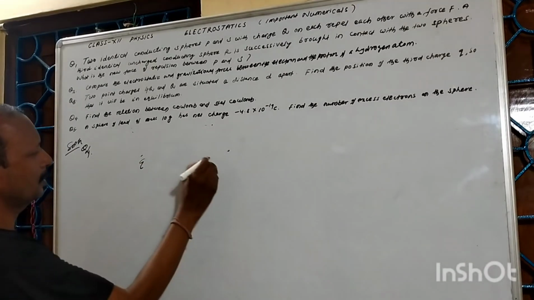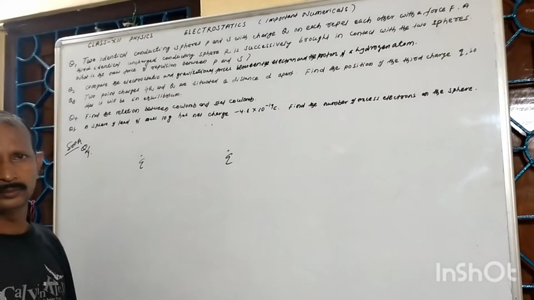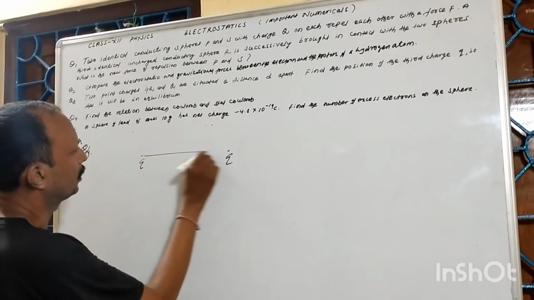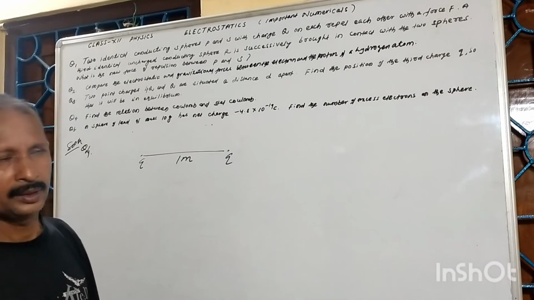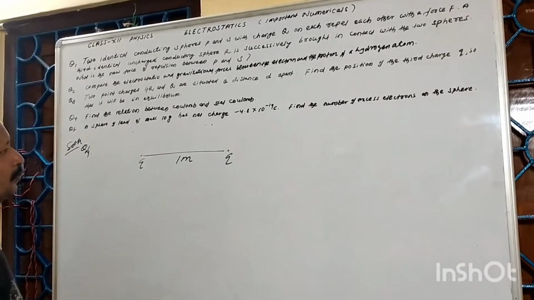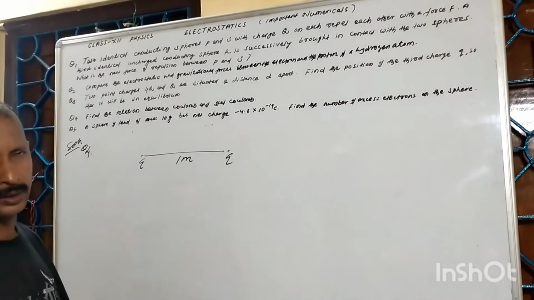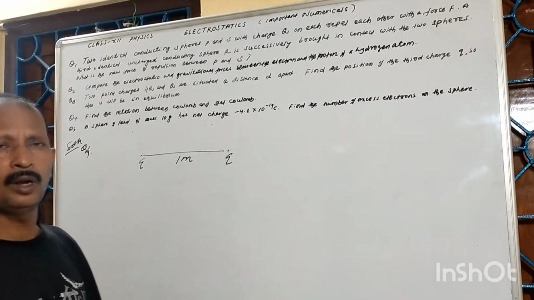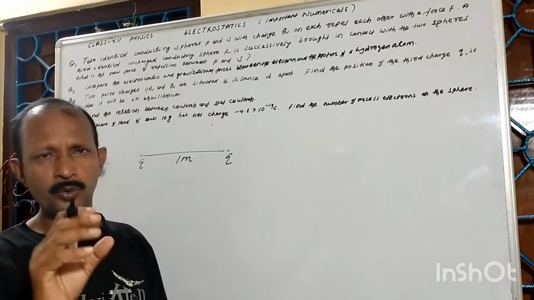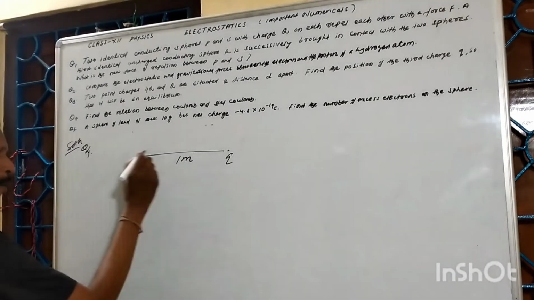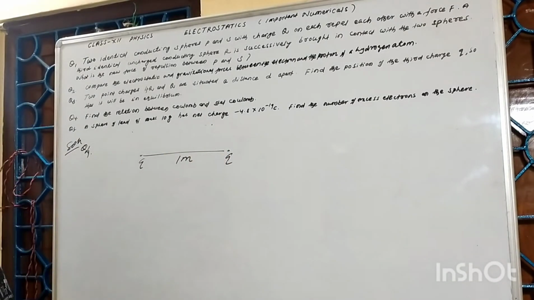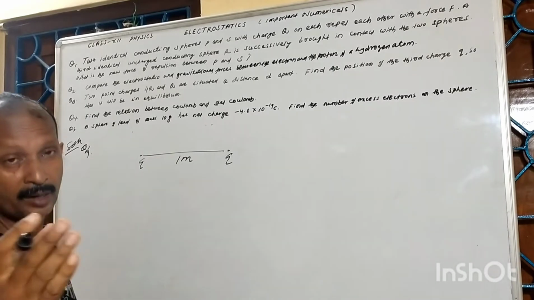Their charges are Q and the distance between them is 1 meter. Here Coulomb is the SI unit, whereas the statcoulomb is the CGS unit of charge. So I have taken 2 point charges, both of charge Q, the distance between them 1 meter.